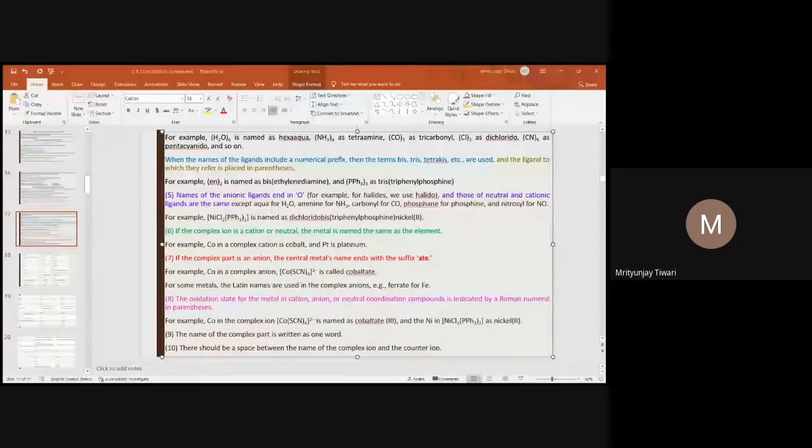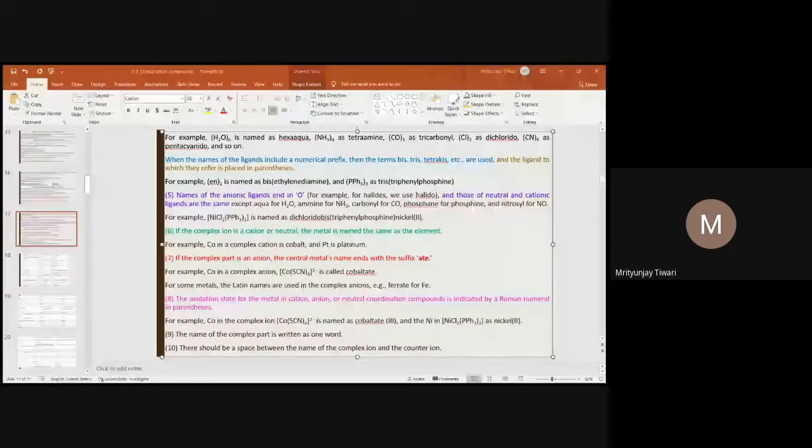So if cobalt is there in a cationic complex entity, it will be written as cobalt. Even if it is neutral, it will be the same name. Like platinum, if it is neutral or cationic, it will be platinum. Here you can see we have written nickel, because this complex entity is electrically neutral, having no charge on it.